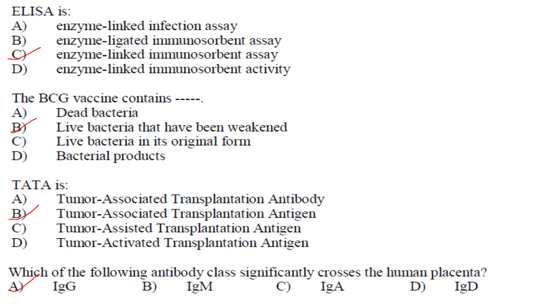Answer is option B. Which of the following classes of antibody significantly crosses the human placenta? It is IgG. Answer is option A. This is also a usual question for many entrance examinations. Not only for SET exams, they have asked even for CSIR, DBT, other university exams, other university PhD exams. For all that, they have asked this question.